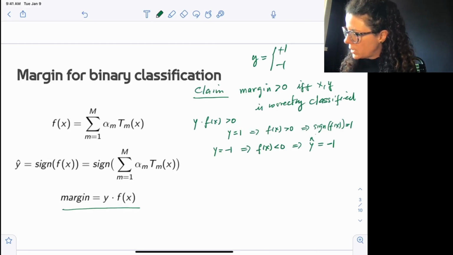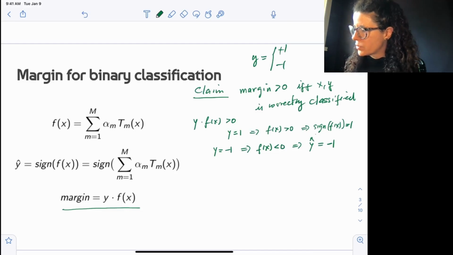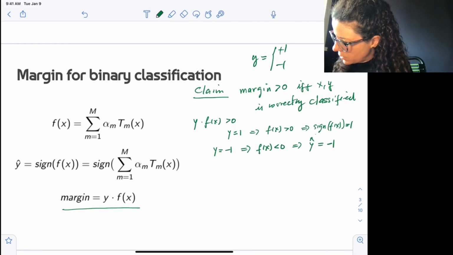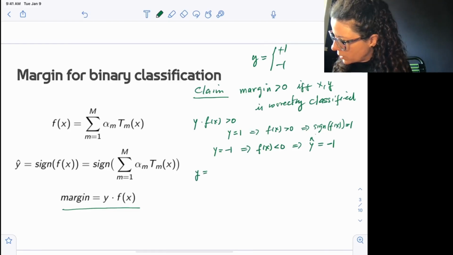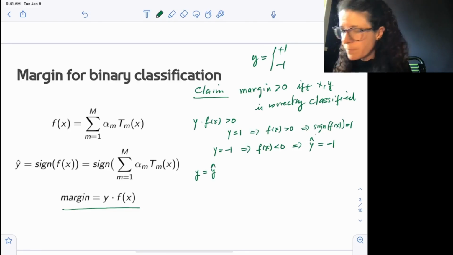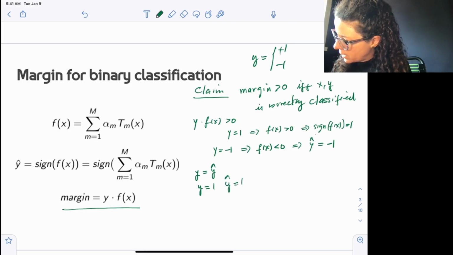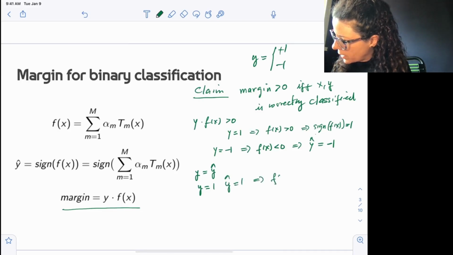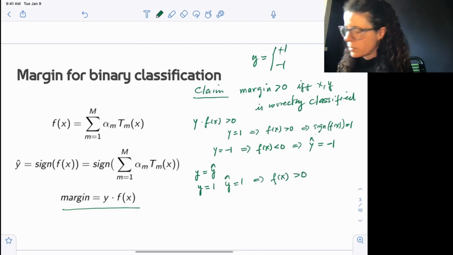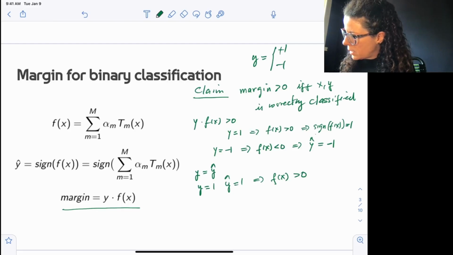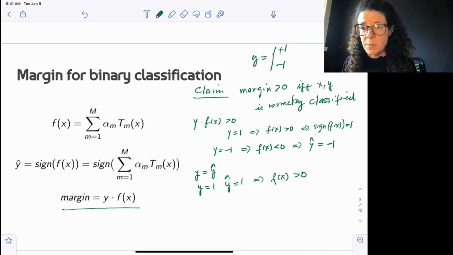Okay, now let's go the other way around. Suppose that x is correctly classified. What it means is that y is equal to y hat. So if y is equal to 1, y hat is equal to 1, and that implies that f(x) is bigger than 0, just because the sign of f(x) is 1, and that implies that y times f(x) is bigger than 0.